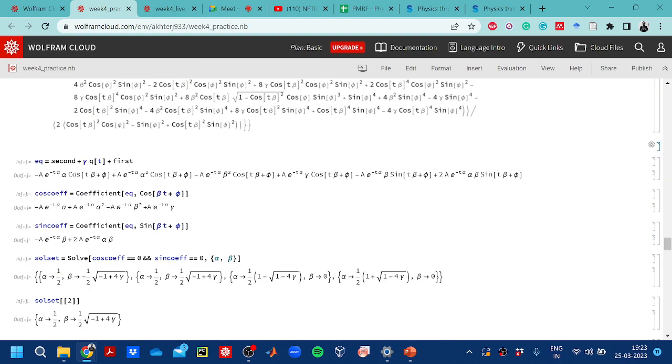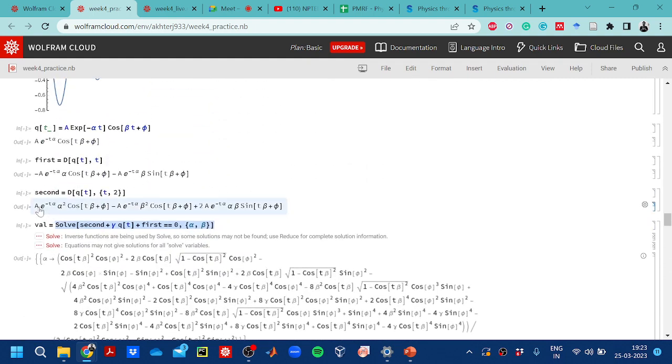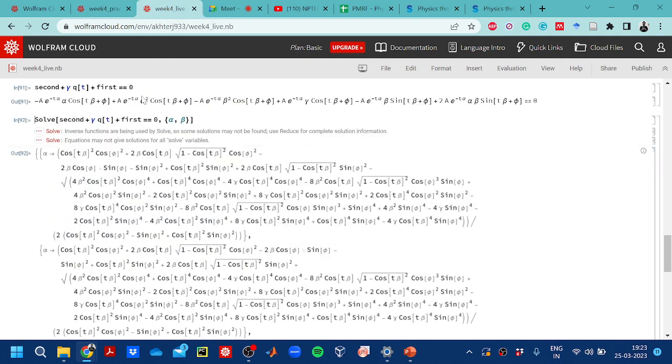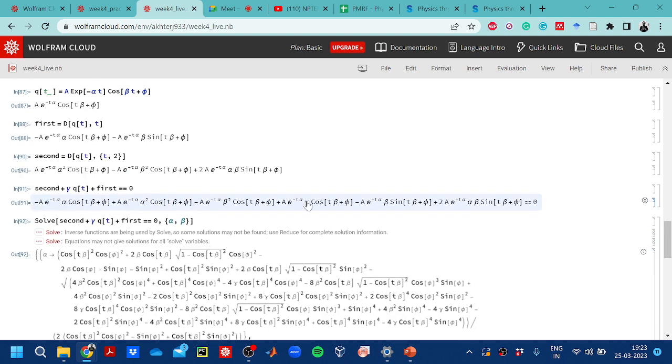So the idea of solving this kind of equation: this is our equation that we get. If we look here, what we can do is collect the coefficients of cosine and collect the coefficients of sine.